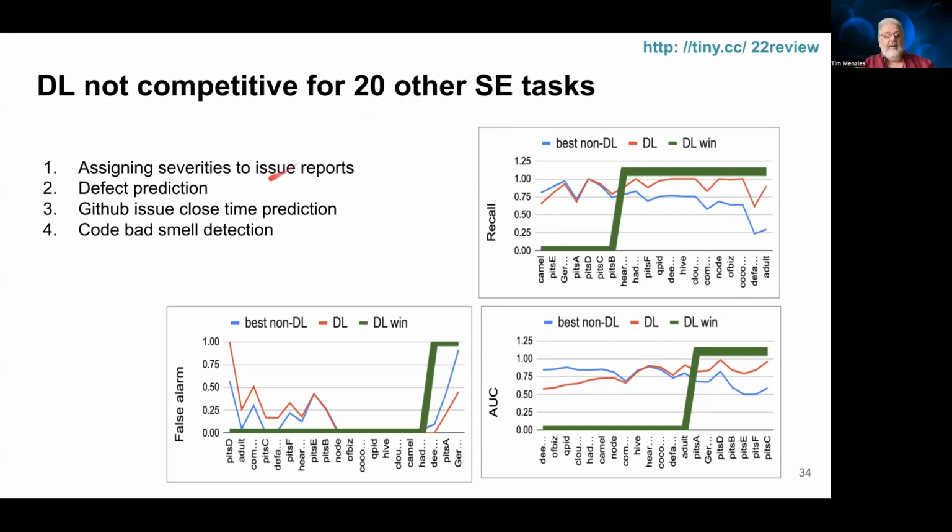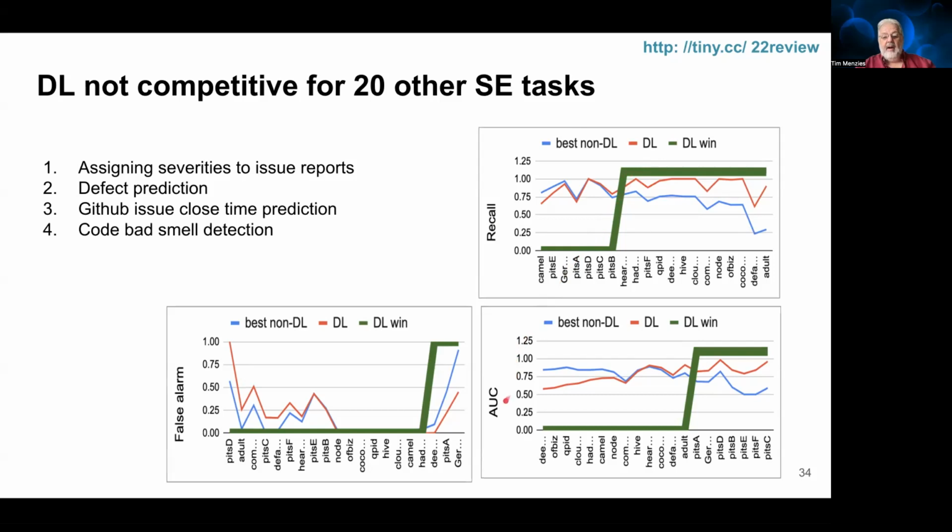But if we look at a whole bunch of other things being explored by MSR, assigning severities to issues, defect prediction, GitHub issue close time, bad smell prediction, the green bar is the stats saying that deep learning wins over anything else. The blue is the best non-deep learning method we could find, and the red is the best deep learning method we could find. And measured in terms of recall, deep learning is best over half the time.